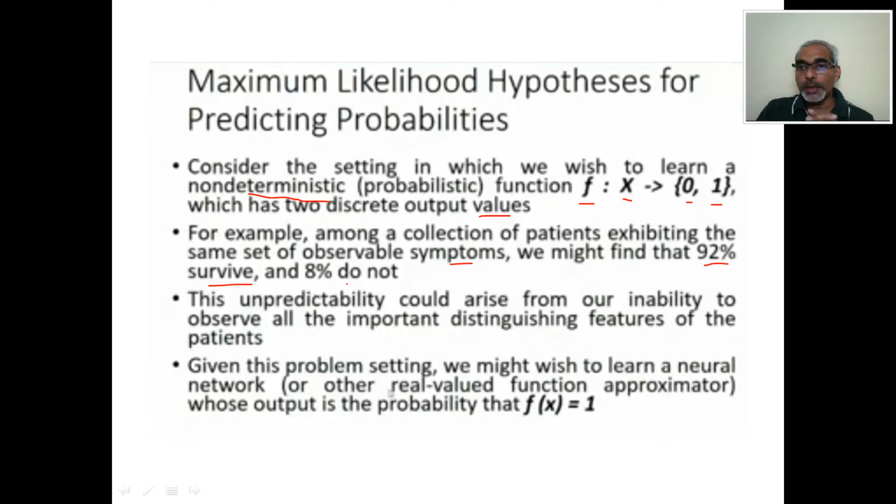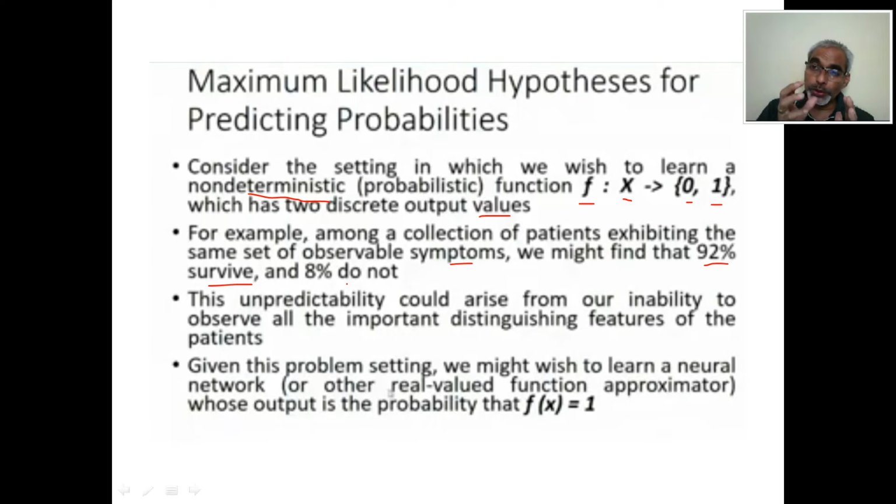Actually speaking, with the same symptoms, it is the same thing. Or for example, when a doctor is doing a surgery, let us say an expert heart surgeon, when he is going to operate on a particular patient, 98% is his success rate and 2% is the failure rate.